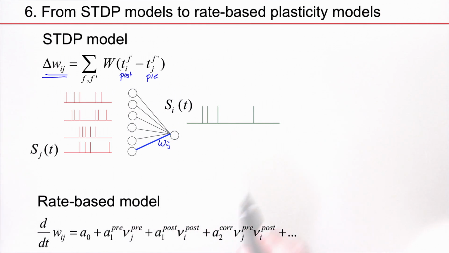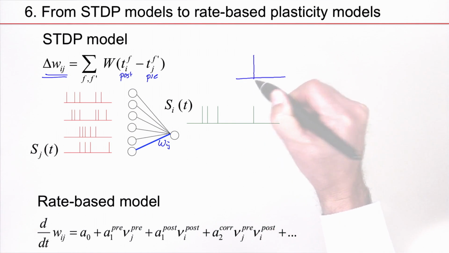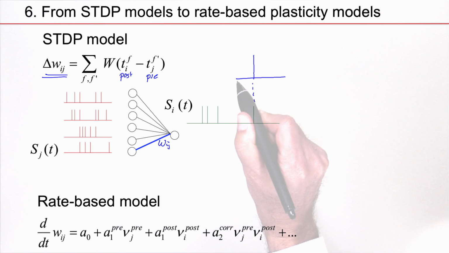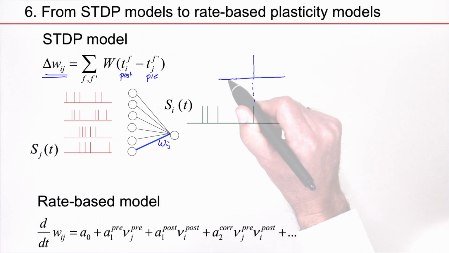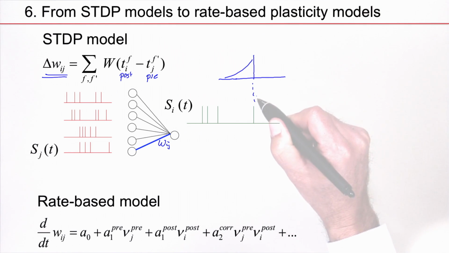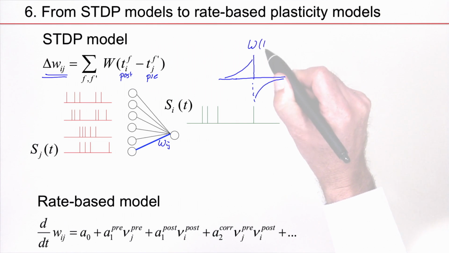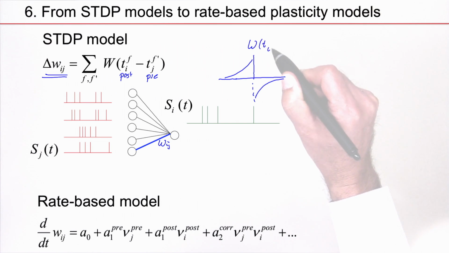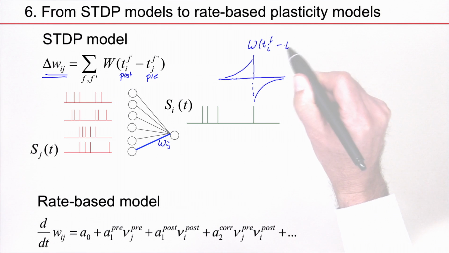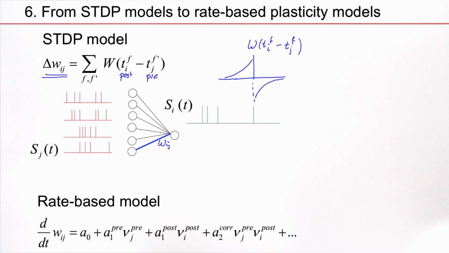So if we take a postsynaptic spike, then we can center this function at the postsynaptic spike time, and I have here the part pre before post, and then a part post before pre, and this function is the STDP window or learning window W. So this is spike-based plasticity.